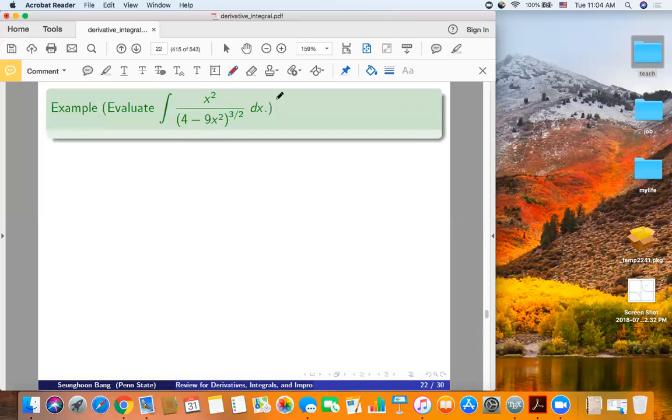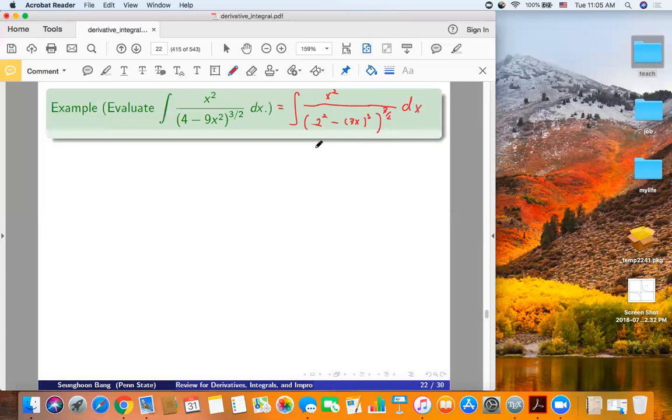You can change this to x squared over 2 squared minus 3x squared, power 3 over 2 dx.